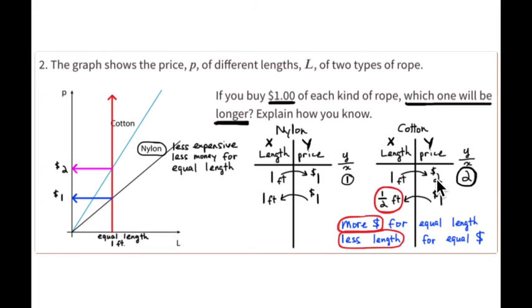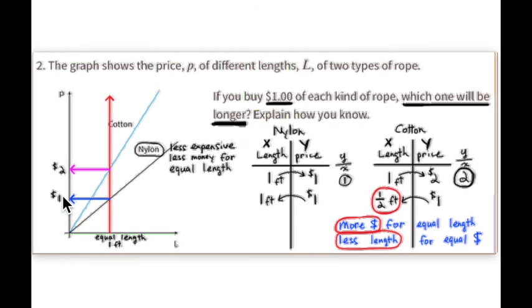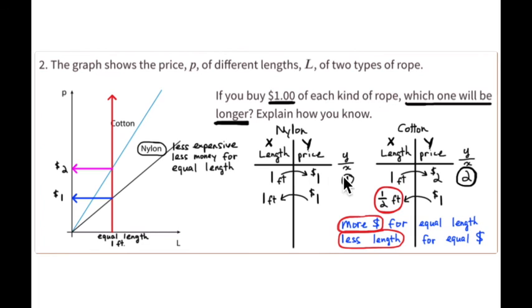So cotton is $2 per foot, nylon is $1 per foot. So that tells you that's the constant of proportionality. So if the y-axis is the price, $1 and $2, then the constant of proportionality will tell you the unit price. So $1 per unit or $2 per unit.